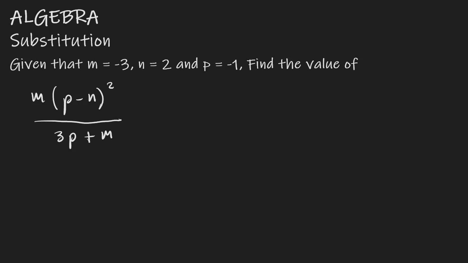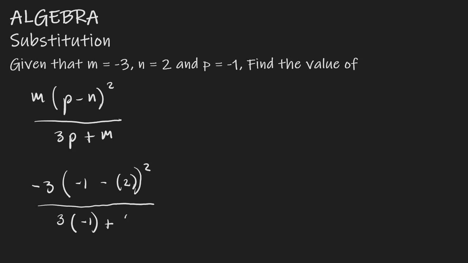So, m is -3 times p, which is -1, minus n, which is 2, all squared over 3p, which is -1, plus m, which is -3.